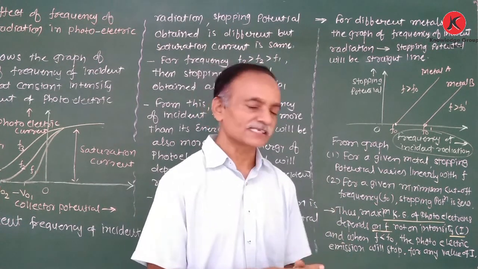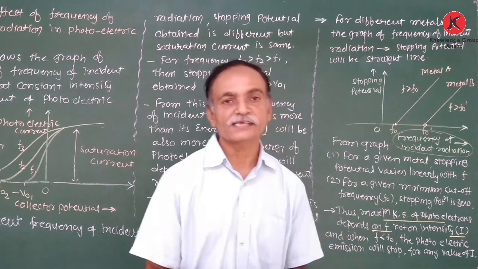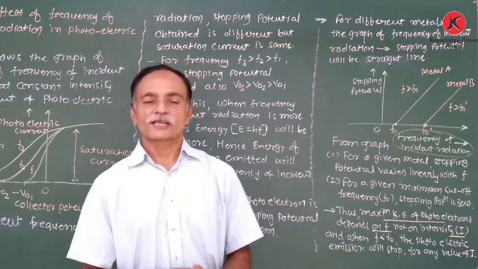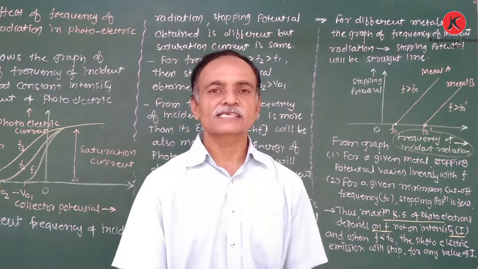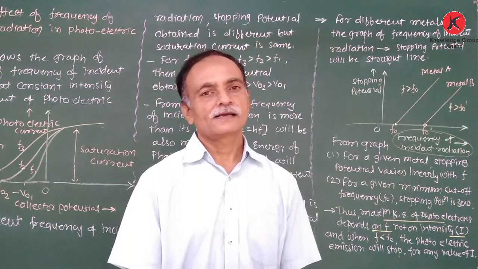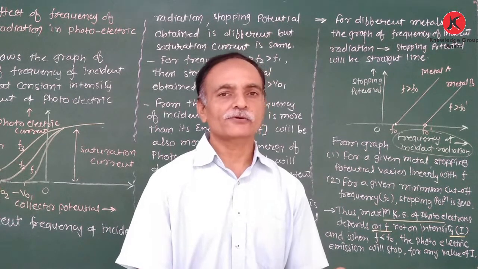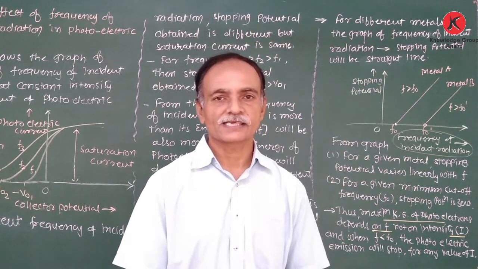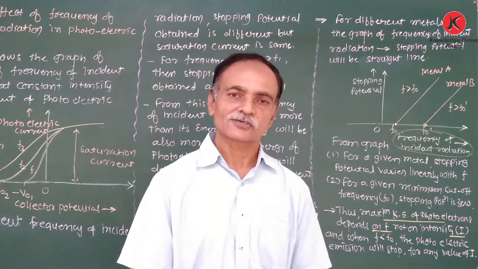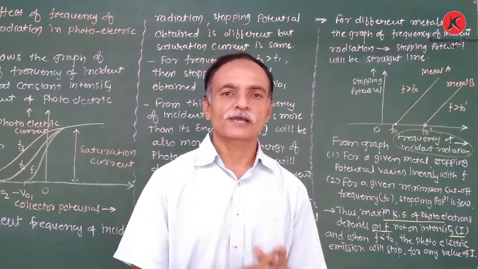And third and last, as the intensity of incident radiation increases, the number of photoelectrons increases, that means the photoelectric current increases. But the stopping potential, that means the kinetic energy of the photoelectron, does not depend on intensity. Clear? So these three statements are the conclusion of the entire photoelectric effect.